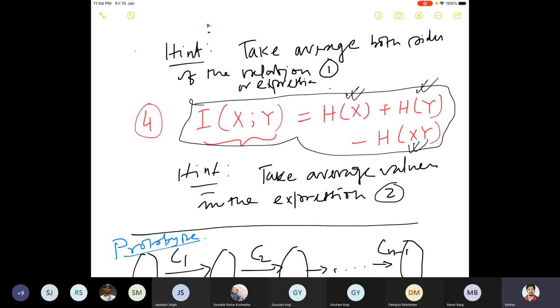The average mutual information of x and y is the sum of H(X) plus H(Y), the total information from x and y, and now we are subtracting the amount of information which x and y jointly contain. This is how it is explained in terms of entropy.